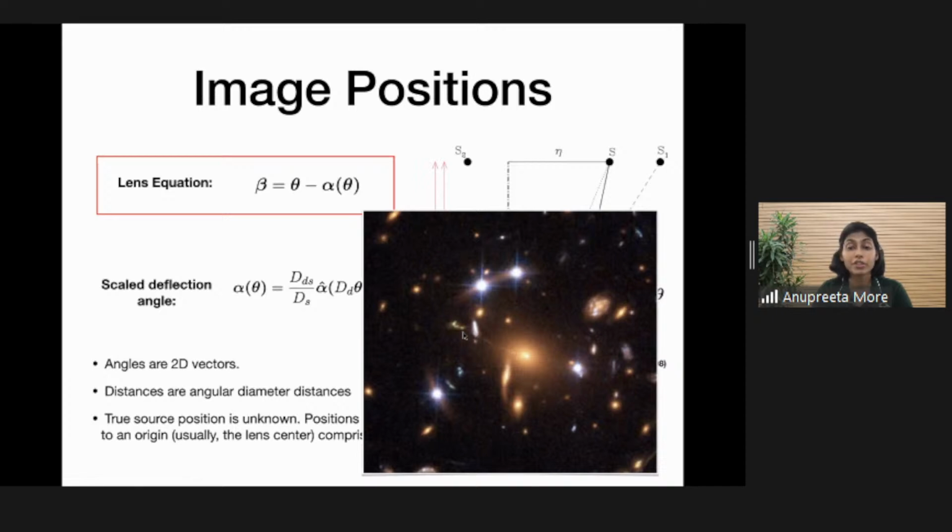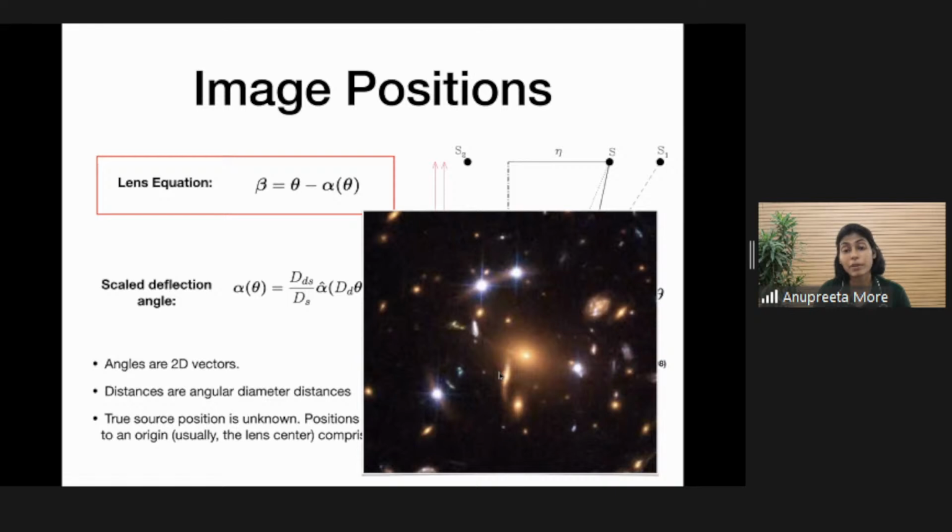So what you can measure from this kind of observation data, you can get the angular separation between the various images and the lens center. As a matter of convenience, we just choose the lens center as our origin, and so we can measure all these theta 1, theta 2, theta 3, theta 4. These kind of angular positions can be measured.